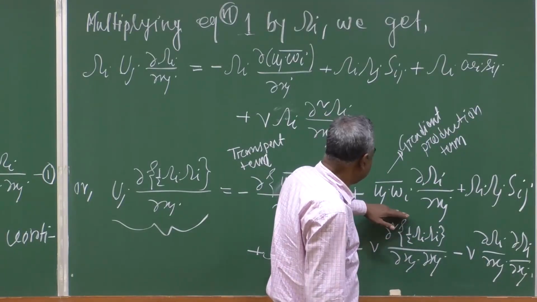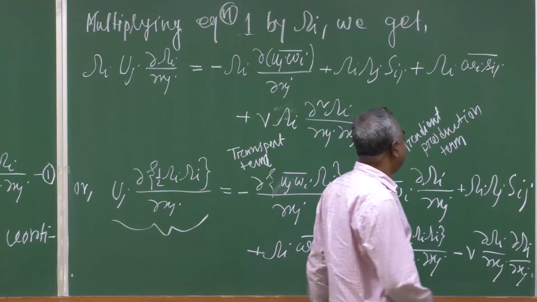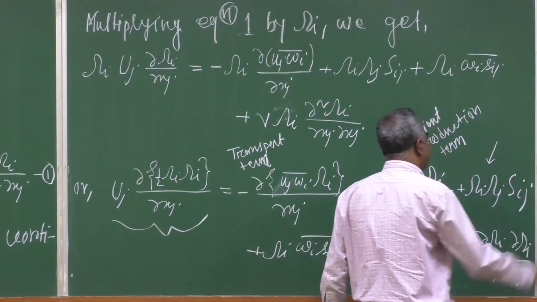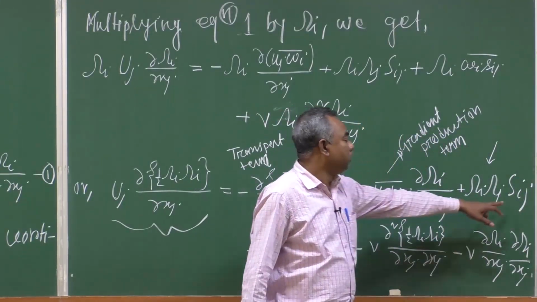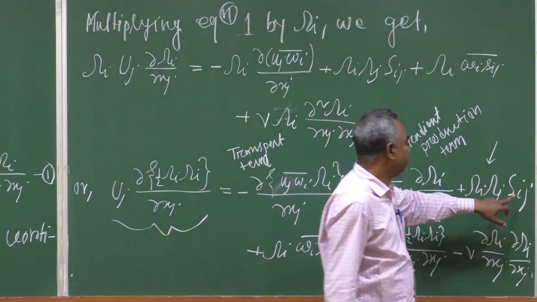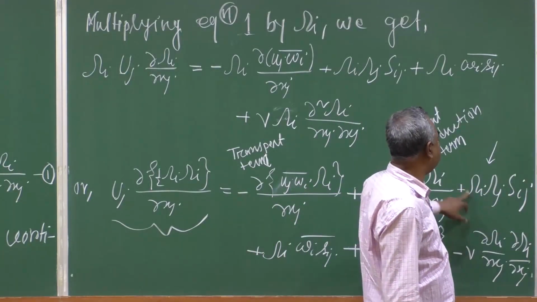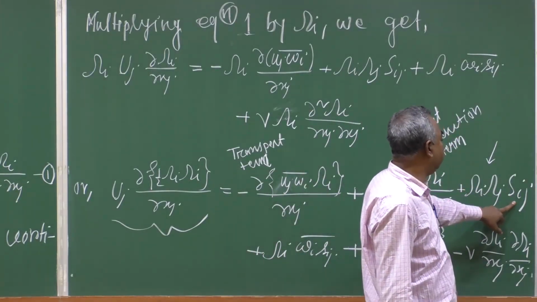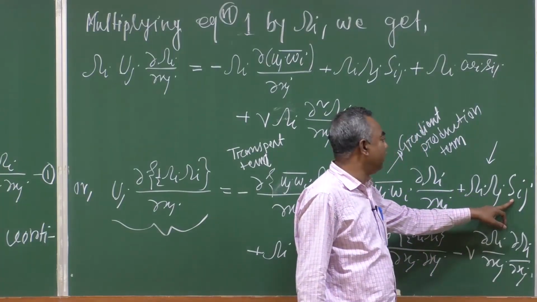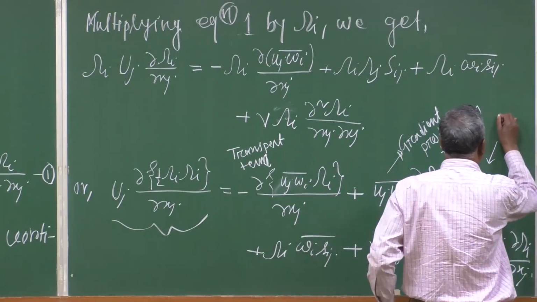That is what we will come to once again. And this particular term is the production due to the mean strain rate tensor. So, production of mean enstrophy due to the mean strain rate tensor. So, this is also production.